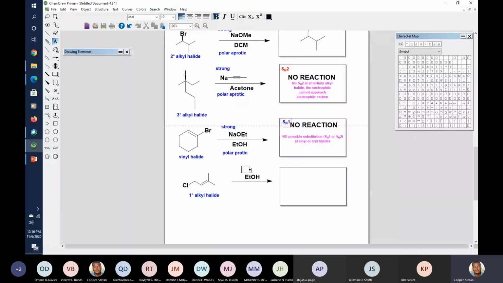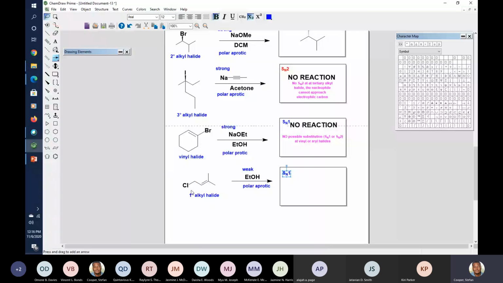So as a nucleophile, this is weak, and as a solvent, this is polar aprotic. So my reaction conditions are also favoring an SN1 mechanism. Right. So typically SN1 cannot happen at primary alkyl halides except if there's some type of rearrangement or resonance.